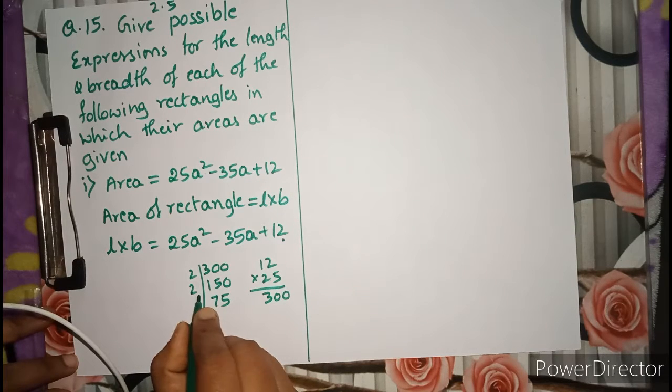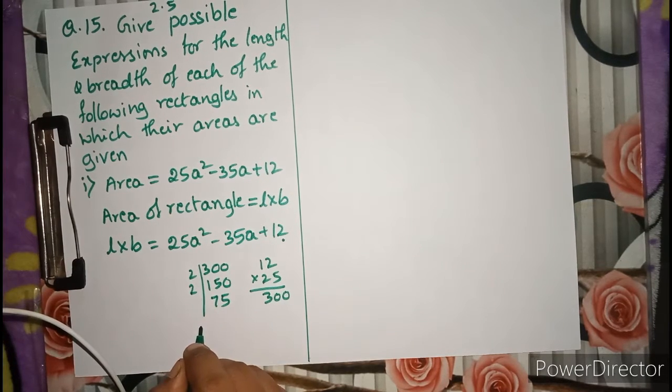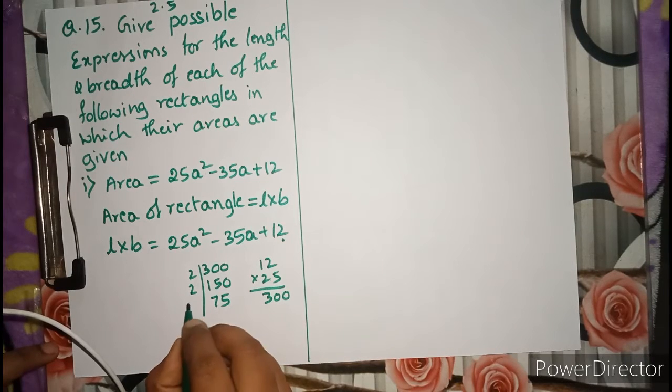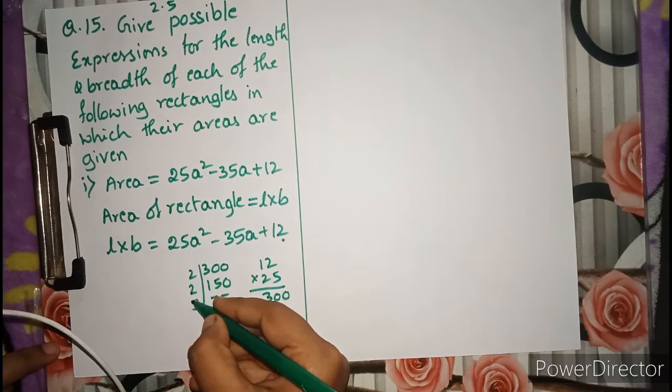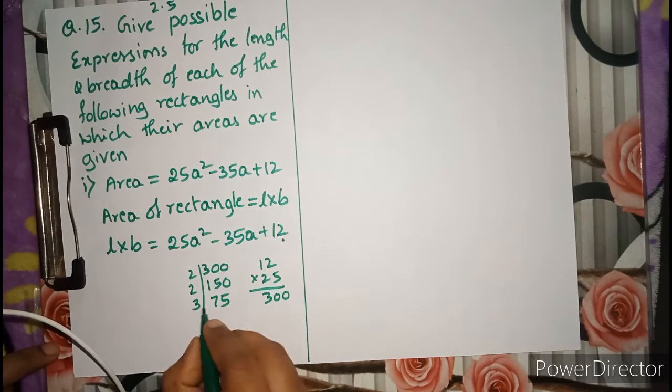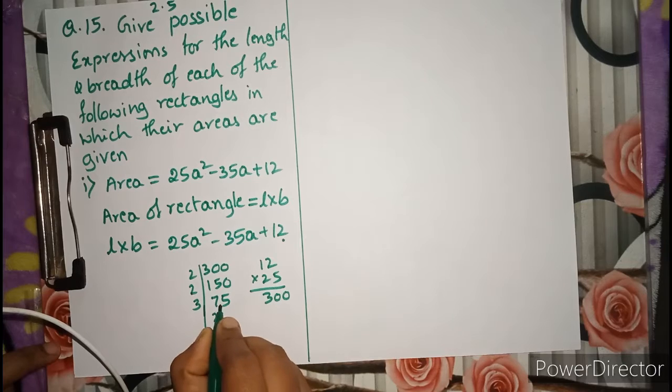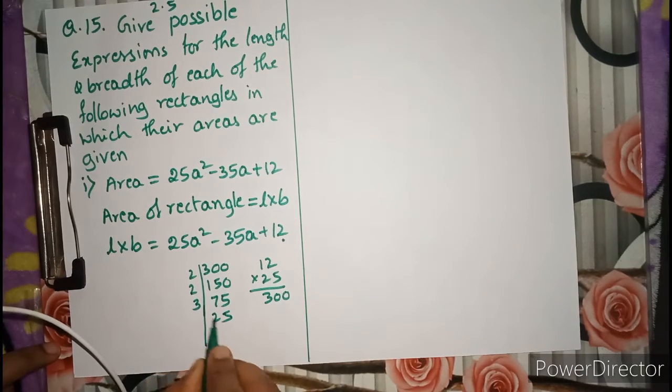Again, 85 is not divisible by 2. Next 3. We have to write the factors in increasing order, then only we will get all the factors. Next, 3 2's are 6, 3 5's are. Then 25 is not divisible by 3. Next step is 5. It's not divisible by 4. So 5 5's are, 5 1's are.